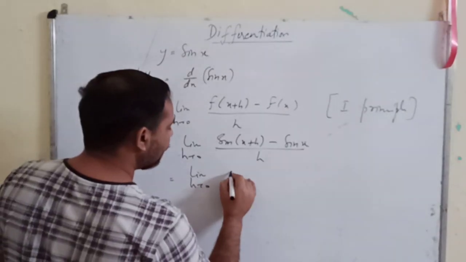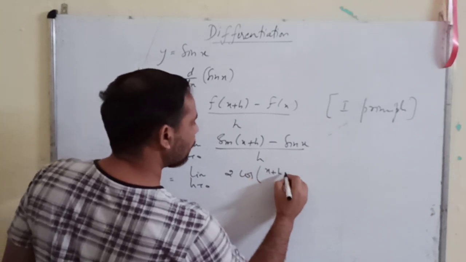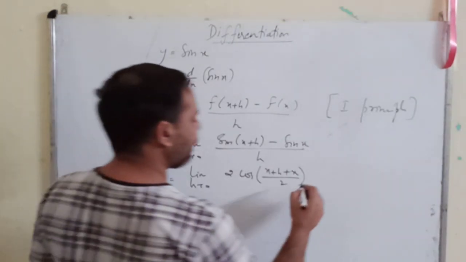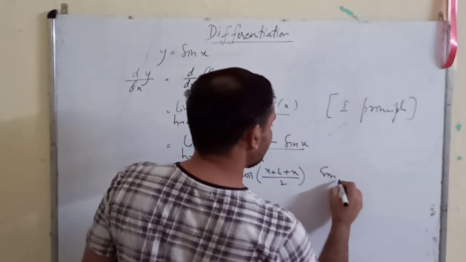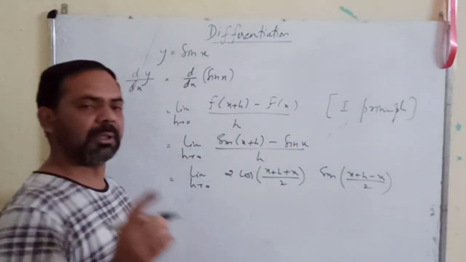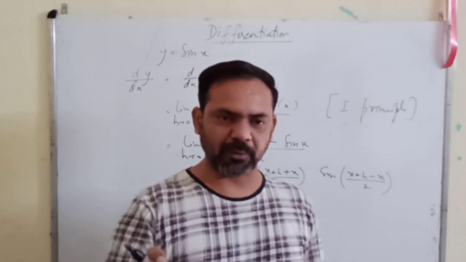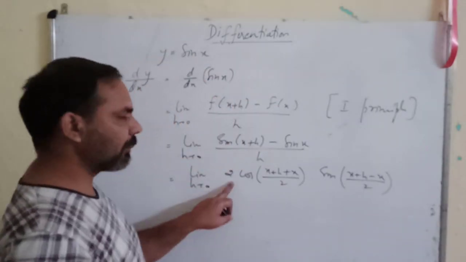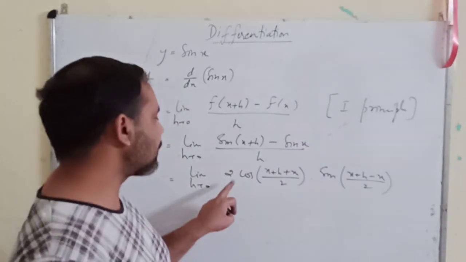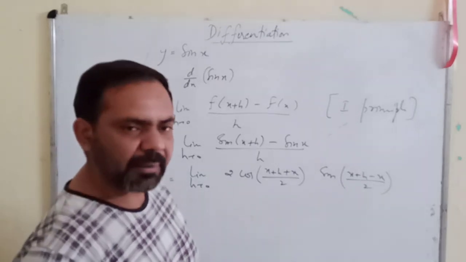What was that formula? 2 times cos of a plus b upon 2, into sin of a minus b upon 2. If you go through the section where I discussed trigonometric formulas, I discussed that sin a minus sin b is 2 times cos of a plus b by 2, into sin of a minus b by 2.